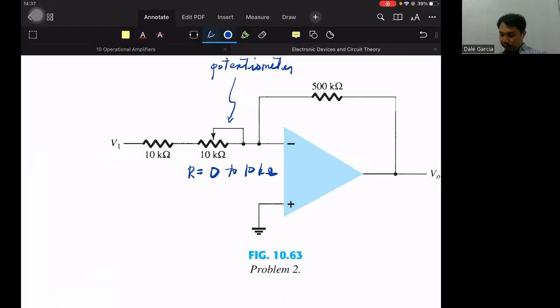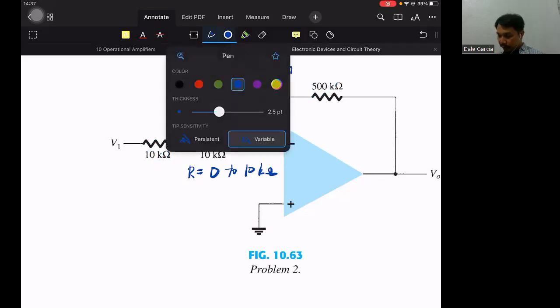If we turn the knob to the extreme left, its value is 0. So 0 plus 10 is 10. 500 divided by 10 is 50.